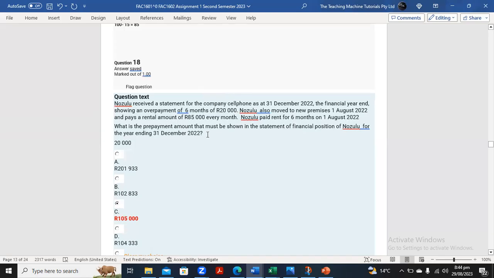And then you pay for 6 months. How many months were paid in advance? It's only 1 month. So from this, we're going to take 85,000 because it's 1 month. So every month she pays 85,000. So this is what we need to do, plus 85,000 rands. That's how I got 105,000 rands.